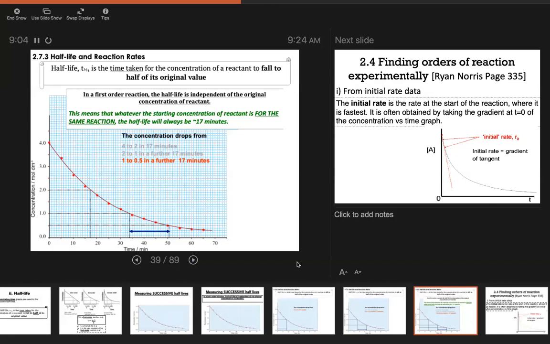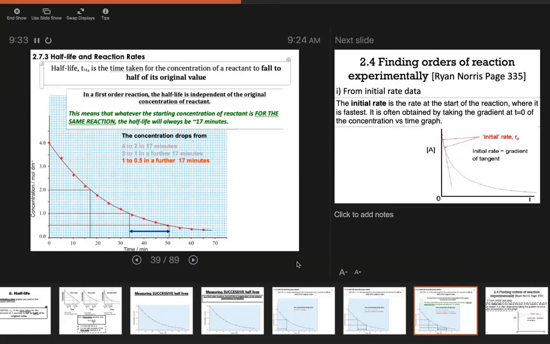This means that whatever the starting concentration of reactant is for the same reaction, the half-life will always be approximately 17 minutes, okay? Now, what do I mean by this? Whatever starting concentration. For this example, I started from 4 moles per dm cube. You don't necessarily have to start from there. You can start from 3 moles per dm cube, but the half of 3 would be 1.5, and then the half of 1.5, and so on and so forth.